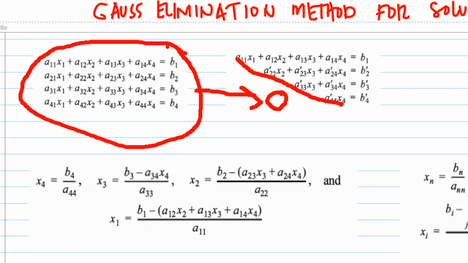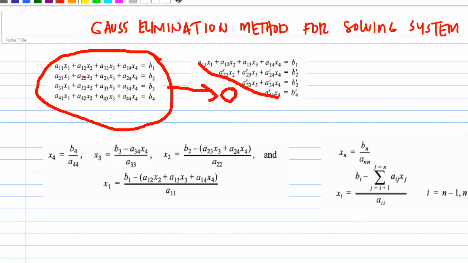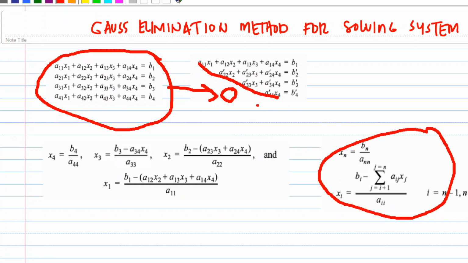Now once you transform this original matrix into this, you can use the back substitution formula, the general formula, which is this, to solve the unknown variables.